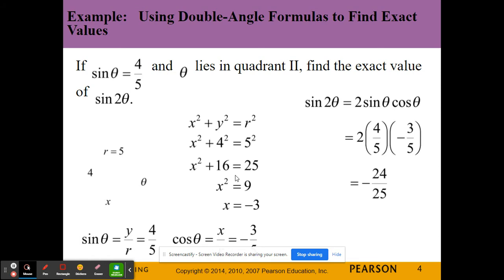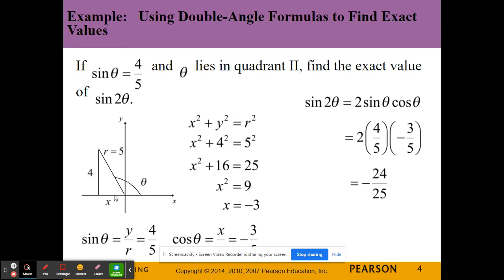So this one says if sine of theta is equal to 4/5 and theta, so the angle, lies in quadrant 2, find the exact value of sine of 2 theta. So the first thing you do is figure out, well, if sine of the angle is 4/5, remember sine is opposite over the hypotenuse, then you need to find that other side.